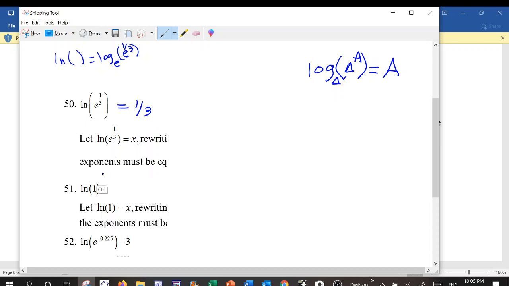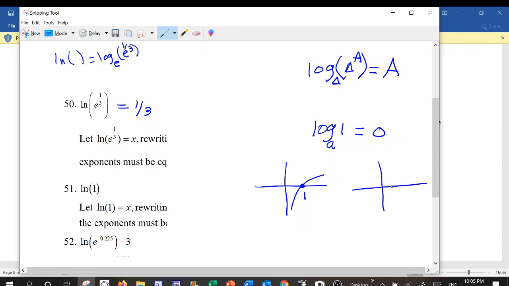Okay, what about ln 1? Now, log of any base of 1 equals what? 0. Remember the graphs? The graph of log with base greater than 1 looks like this, and the graph with base between 0 and 1 looks like this.